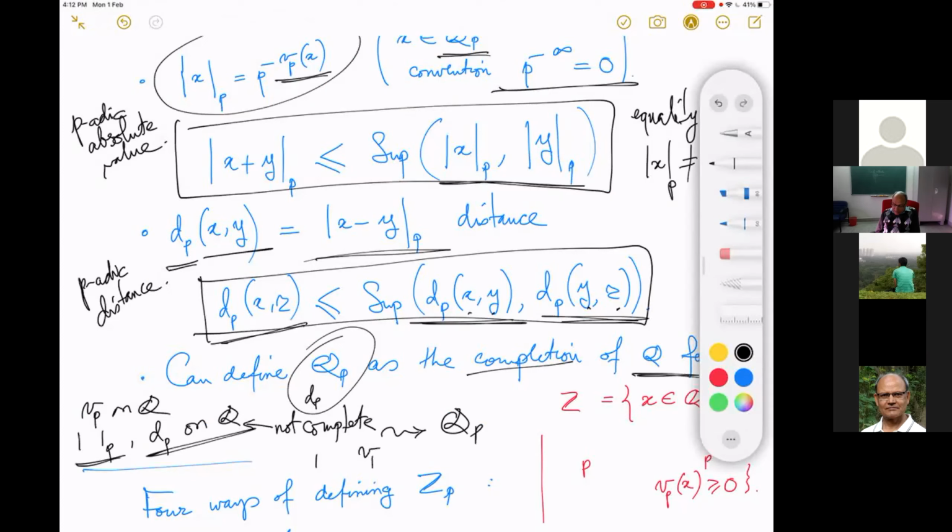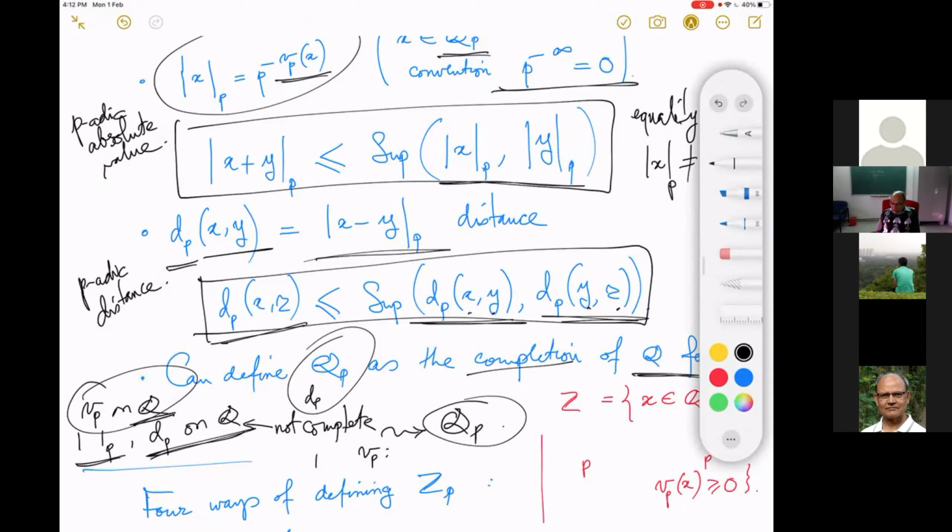So then QP will come with an extension of this VP, which is there on QP. You define VP on Q, then you define this distance dP on Q, you get the completion QP.